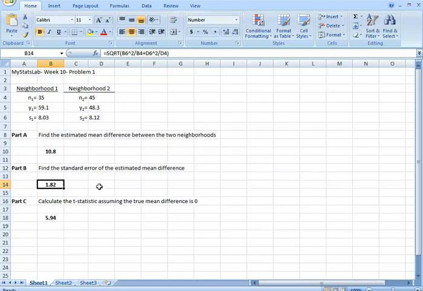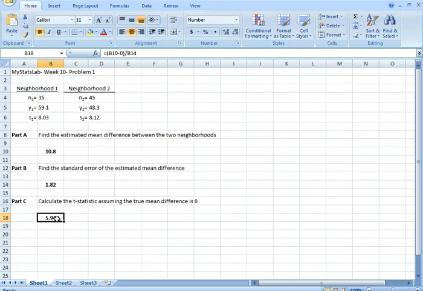So that leads us to the last part of this question, part C, which asks you to calculate the t-statistic assuming that the true mean difference is 0. Now this formula can be found on page 373 in your text.